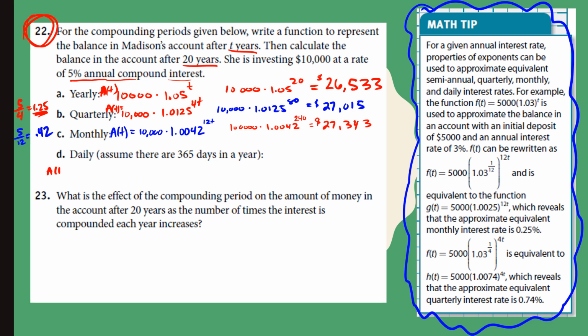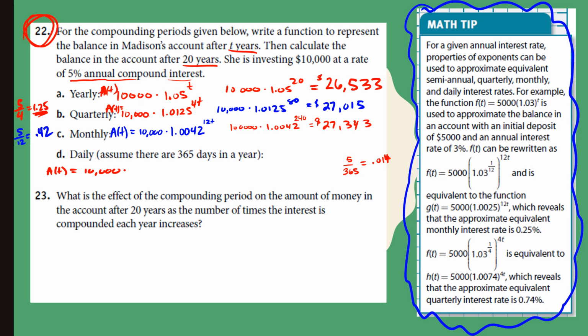Then daily, all right, now we're getting fancy. So the amount is going to be 10,000. Now, daily is going to be, let's see, maybe I'll come over here so I've got room. 5% divided by 365 days in a year, right? So that's going to give us 0.014, I guess I'll just round it.